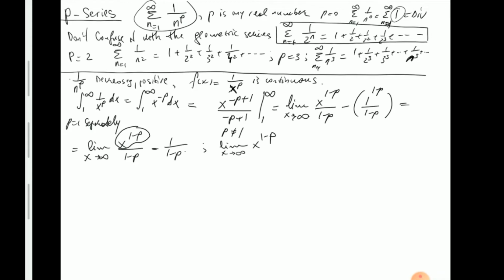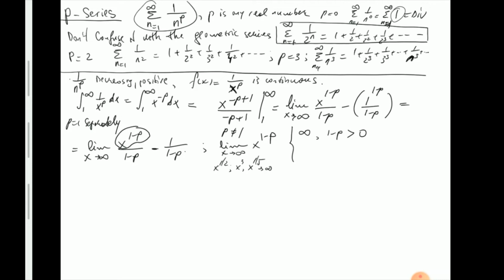So if you want quick examples, let's say you have x to the 1/2, x to the 3, x to the 1 over 5. As long as this exponent is positive, then the limit is infinity. So that'll be divergent. So you have two cases basically. Infinity, if 1 minus p is greater than 0.